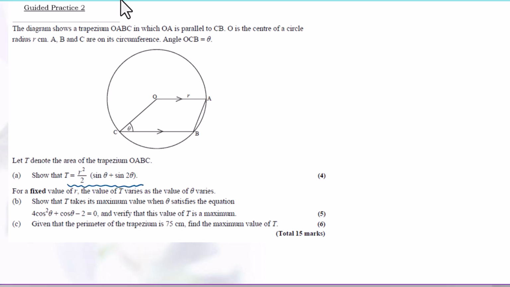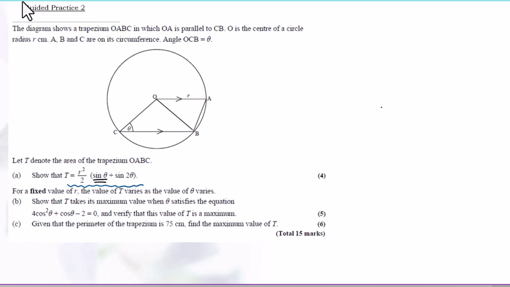Since this area is dealing with sine theta and sine 2 theta, you need to change this trapezoid into triangles. We will connect OB. We have two triangles, triangle OCB and OAB.